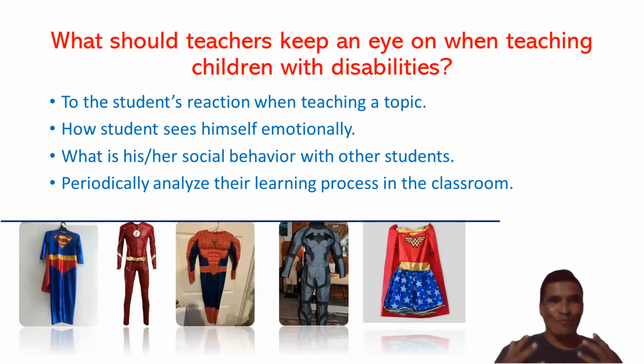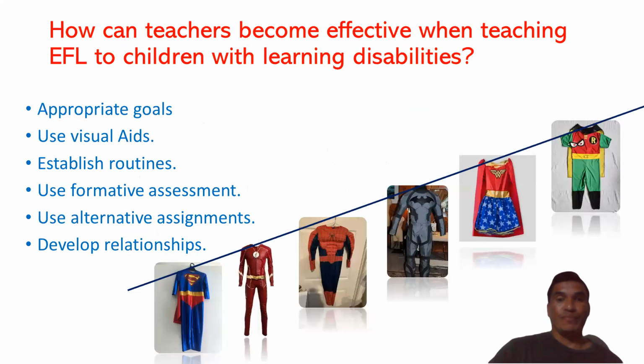What is his or her social behavior with other students? It is very important. And periodically analyze their learning process in the classroom. Let's hang up the Supergirl costume, and I move on to the next slide.